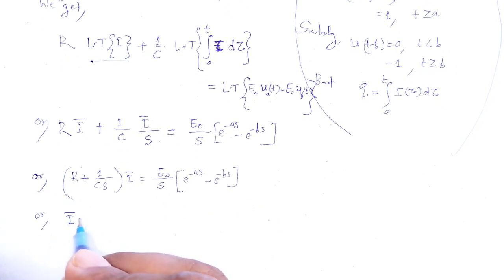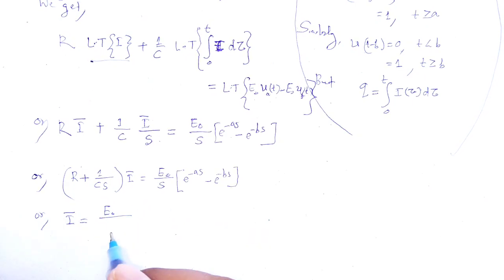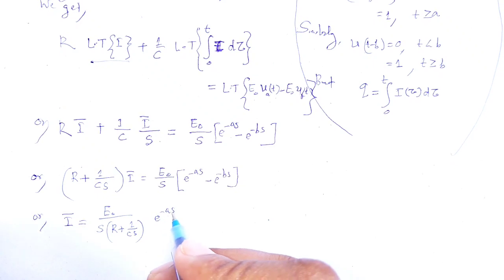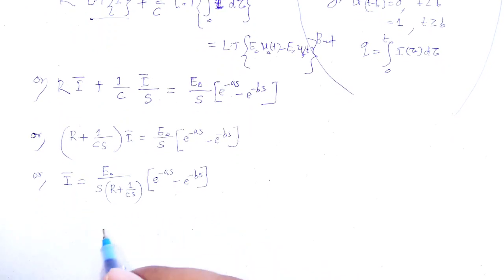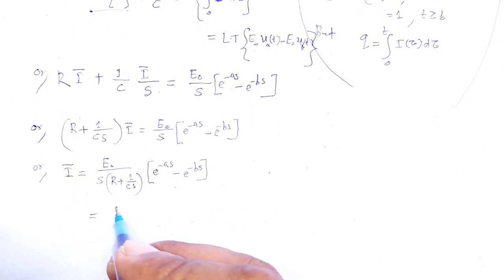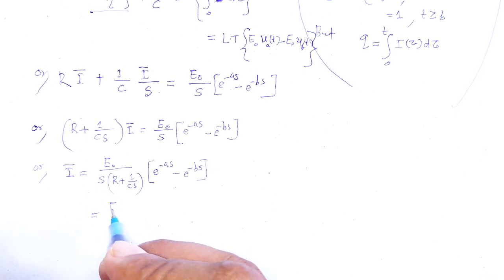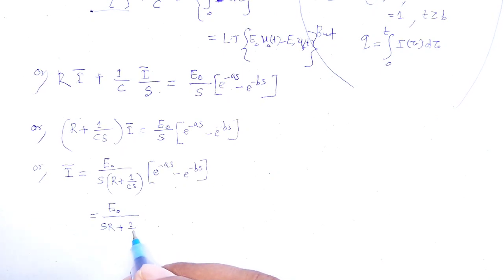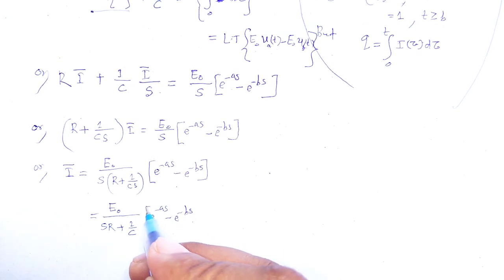Therefore, I bar is equal to the term divided to this side. So, E naught divided by s whole into R plus 1 divided by Cs, times e to the power minus as minus e to the power minus bs, is equal to, as s is multiplied within that bracket, E naught divided by s R plus 1 by C, e to the power minus as minus e to the power minus bs.